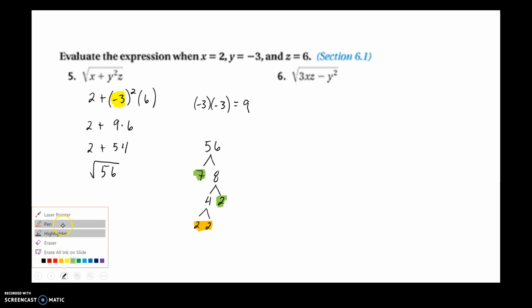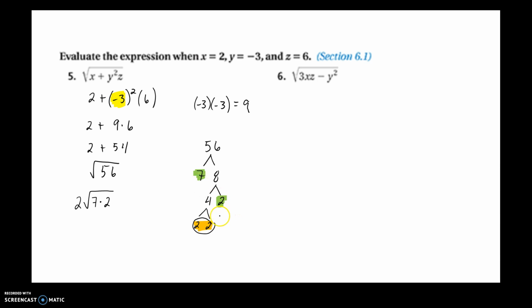So when I go to put that back into the square root, my pair comes out front, and then the square root, I have to multiply whatever numbers remain. Okay, so the 7 and the 2 didn't have pairs, so they have to stay underneath the square root. And that gives me 2 times the square root of 14 as my final answer.